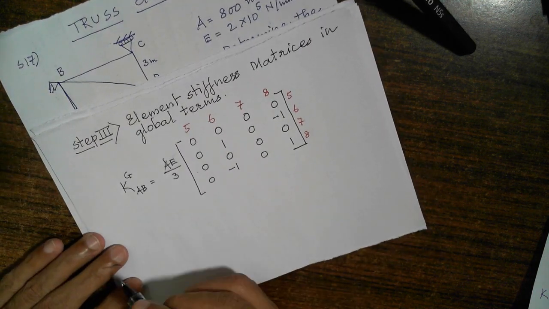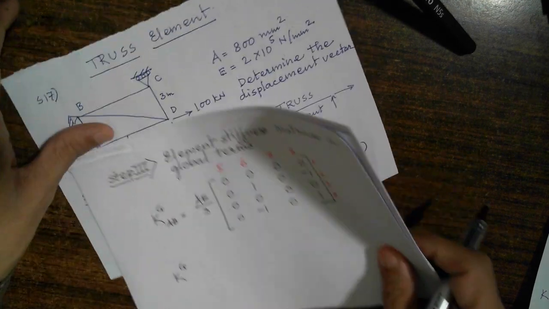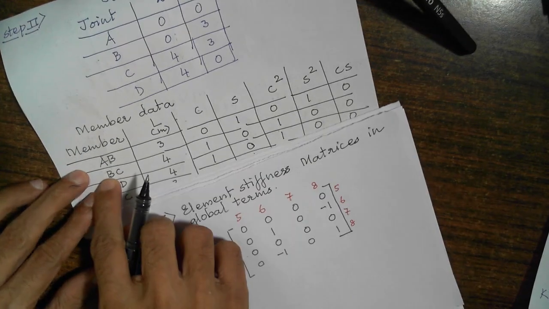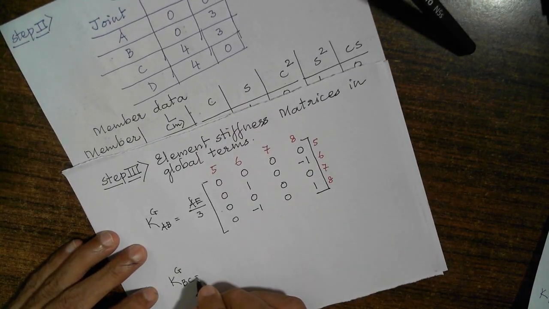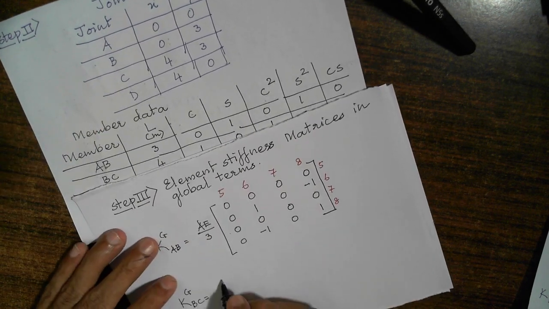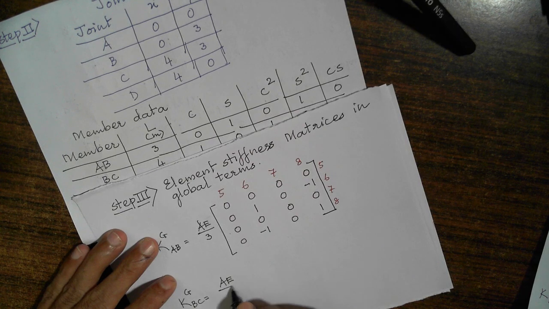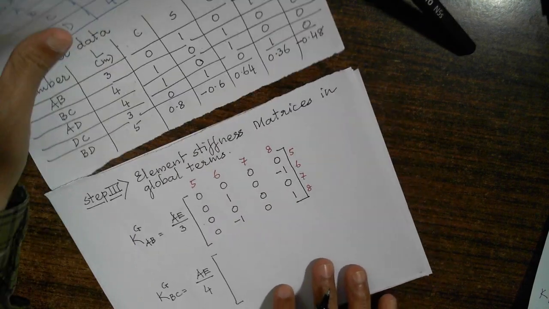Now the next element is BC, K global BC, in the elemental stiffness matrix. I know the length of BC is 4 meters. So AE upon 4, and now I am writing the matrix AE upon 4. First is C square.